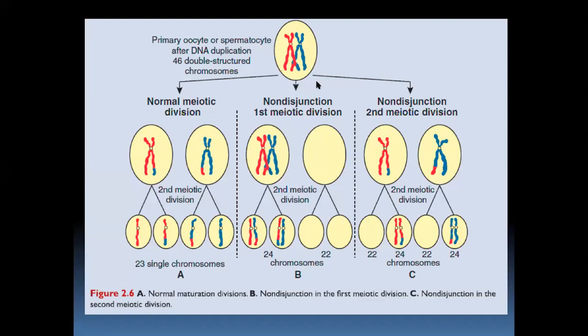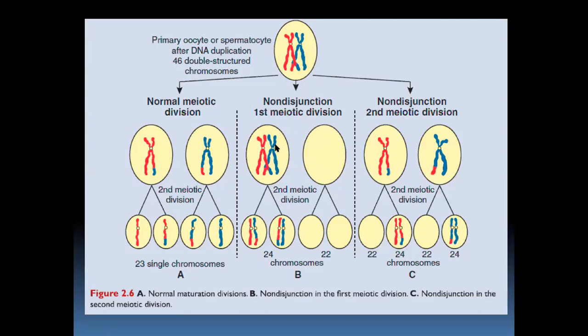Now see here, non-disjunction in the first meiotic division. While splitting, the spindle fibers have to take the chromosomes to each side. But because of abnormal division, all the chromosomes enter one cell and the other cell does not get any. As a result, the second meiotic division contains more chromosomes. See, 23 pairs are here, so 23 should be there.